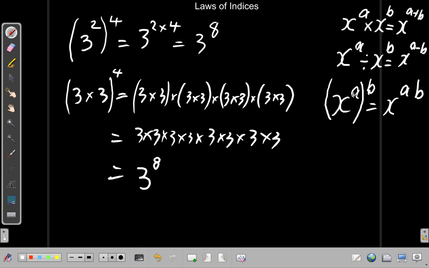So this law is saying a number x raised to the a, and that all is raised to the b, is the same as x to the, and multiply the indices, a times b. Those are the 3 basic laws of indices.